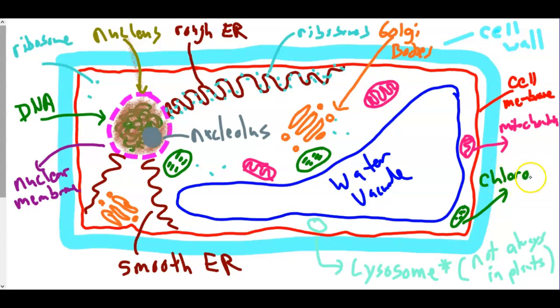Okay, so all of these green guys, chloroplast, C-H-L-O-R-O, chloro, and then plast, P-L-A-S-T, chloroplast. So chloroplasts make the sugar. Mitochondria change the sugar into a form of energy that cells can use. So plants have to have them both. Plants will make the sugar and then they use the sugar.